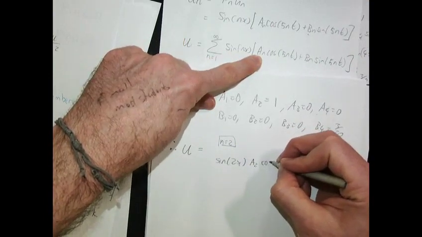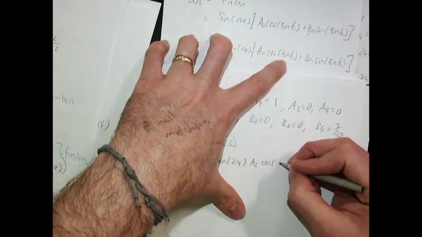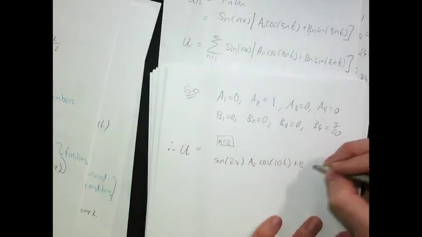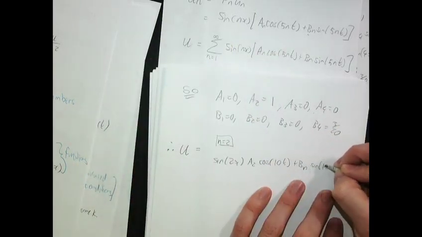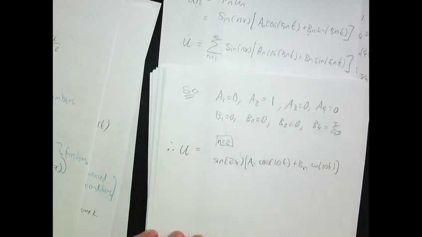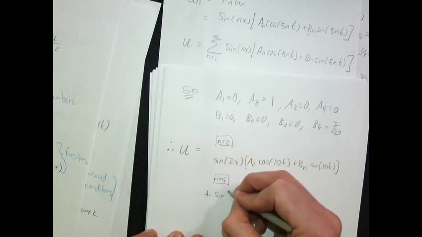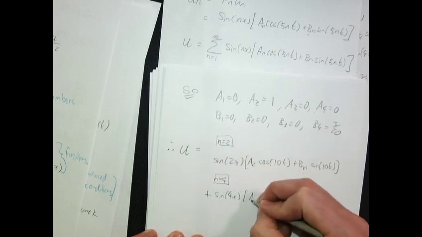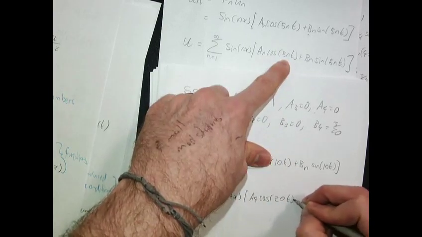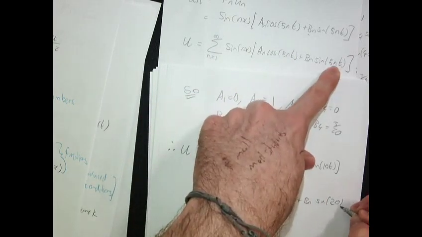A2, which is 1. No, I'll just put them all in. Cos 5 times 2, which is 10t. So that's what happens when n is 2. And when n equals 4, I get sine 4x A4 cos 5 times 4, which is 20t, plus B4 sine 5 times 4, which is 20t.